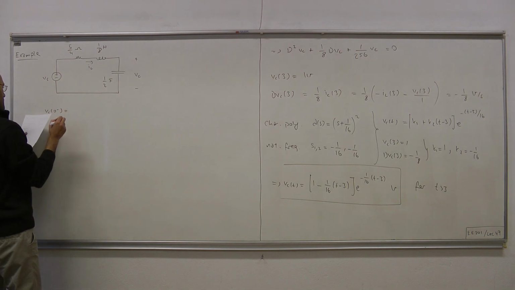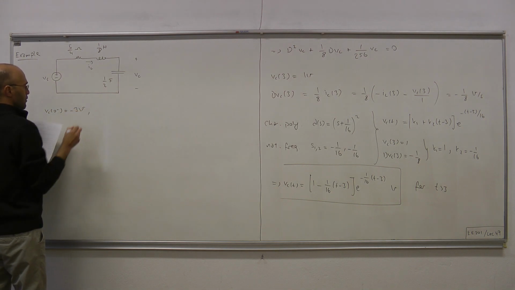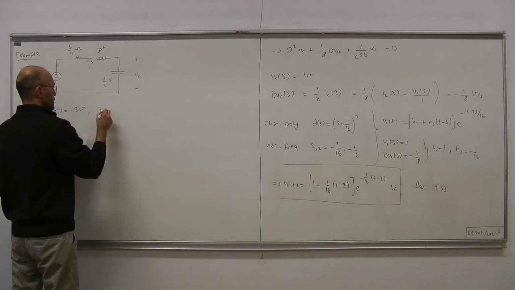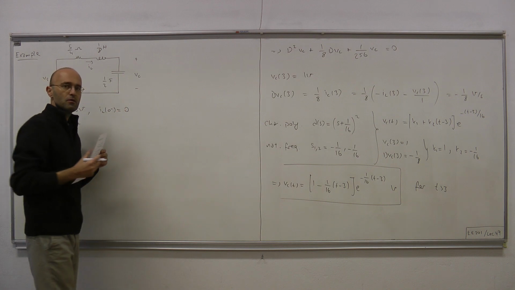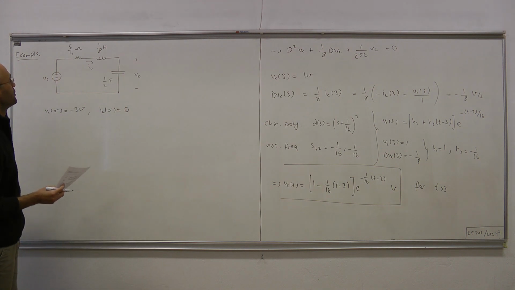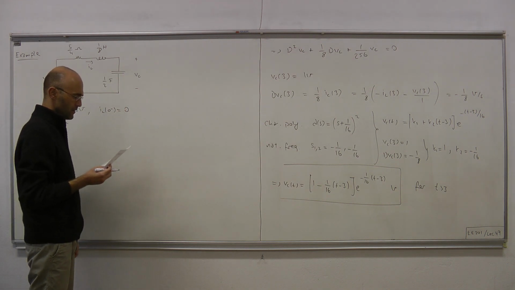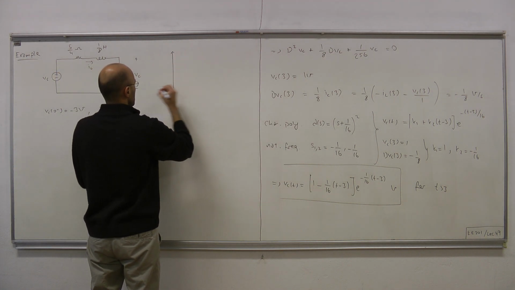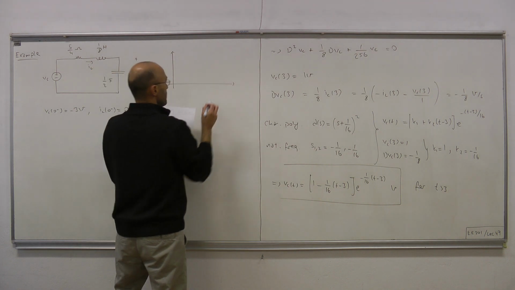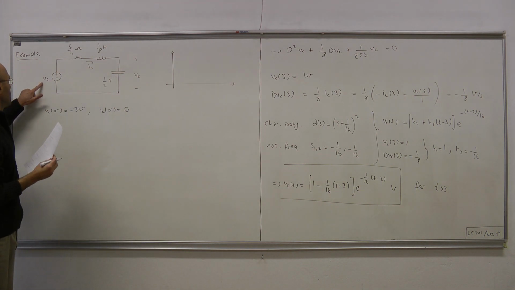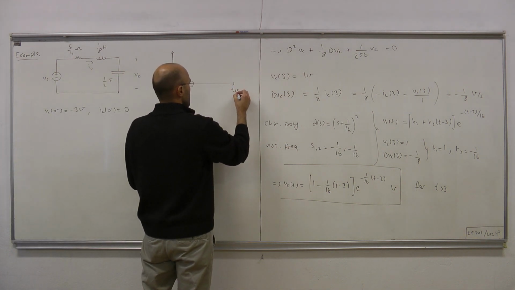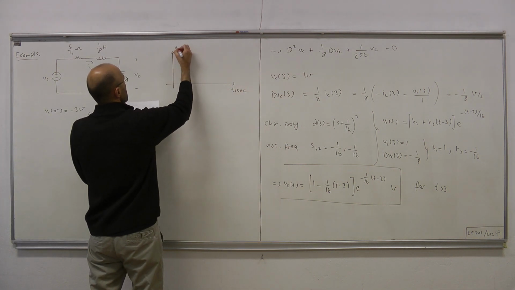VC(0-) is minus 3 volts, so that's the initial capacitor voltage. Initial inductor current is 0, so therefore initially there is no stored energy in the inductor. And as for the input to the circuit, the waveform for the voltage Vs is provided as shown.